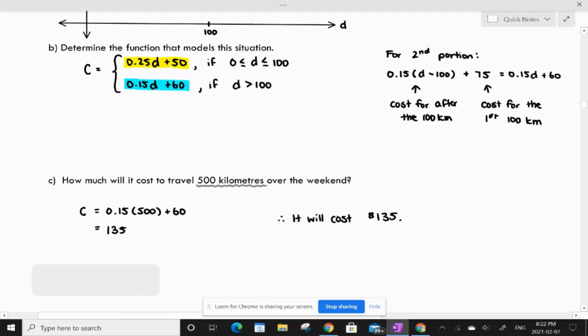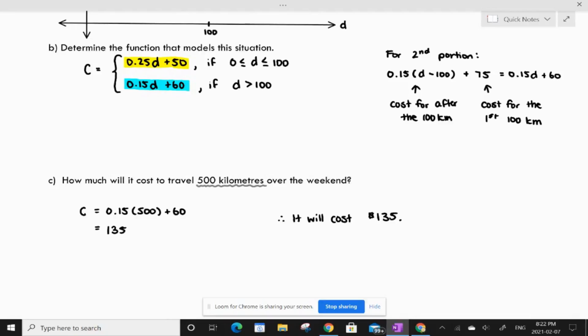Now, let's say I was looking to see how much it cost for 45 kilometers. Since 45 kilometers is less than 100, then I would use the yellow highlighted equation instead to help me figure out my total cost. So it depends on the D value in our case here. Does it belong in the section between 0 and 100, or is it bigger than 100?